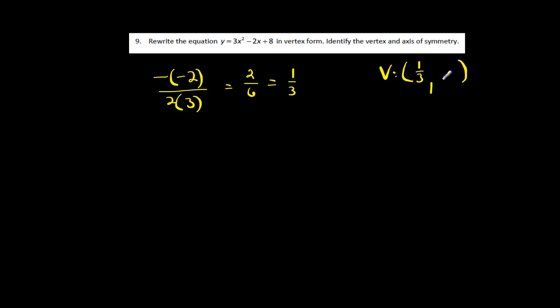Number 9, rewrite it in vertex form. So we need to find the vertex. It's in standard form, so we're going to do the opposite of b over 2a, which is 2/6 or 1/3. So that's your x coordinate of the vertex. I want to plug that back in to get your y coordinate of the vertex.